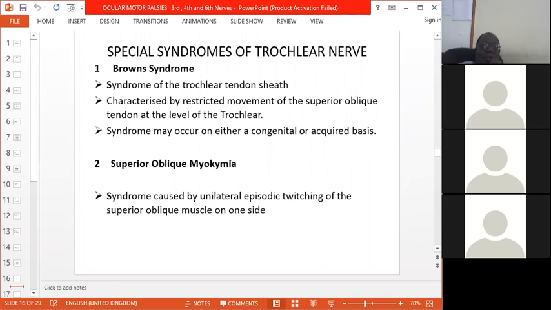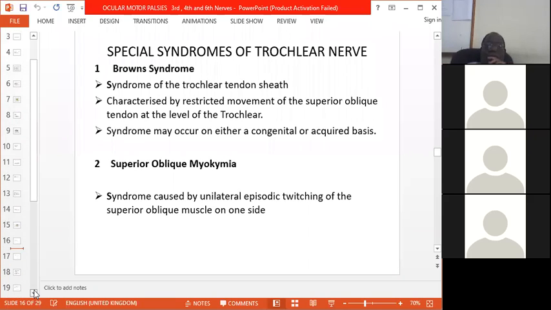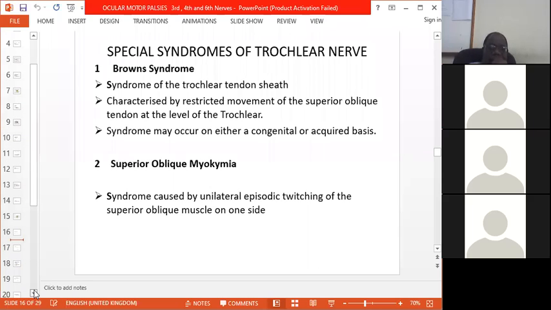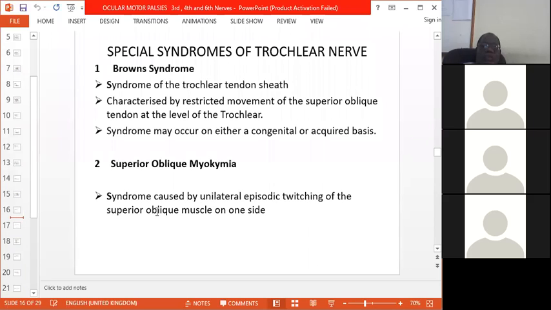Okay. Let's go to what are called the special syndromes of the trochlear nerve. The trochlear nerve is the fourth cranial nerve. One is Brown's syndrome, or syndrome of the trochlear tendon sheath, which has restricted movements of the superior oblique.